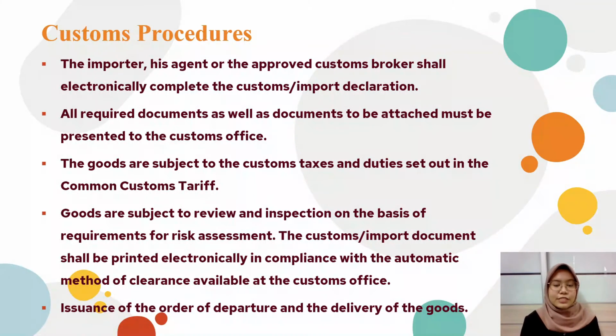Third, the goods are subjected to the customs taxes and duties set out in the Common Customs Tariff. Fourth, goods are subject to review and inspection on the basis of requirements for risk assessment. The customs or import documents shall be printed electronically in compliance with the automatic method of clearance available at the Customs Office. And lastly, issuance of the order of departure and the delivery of the goods.